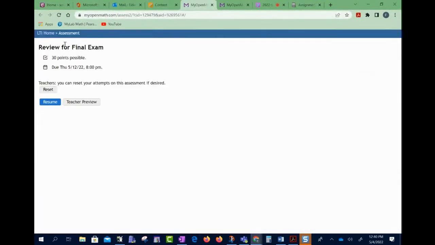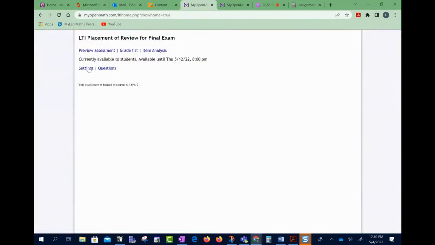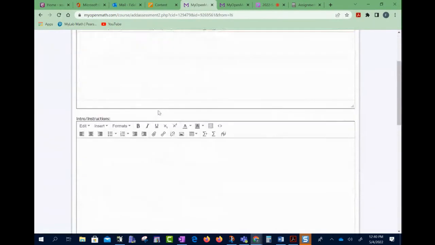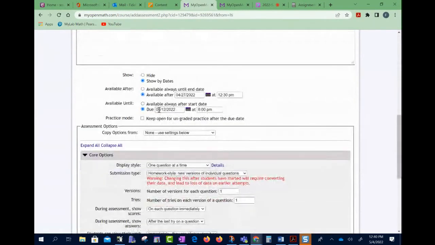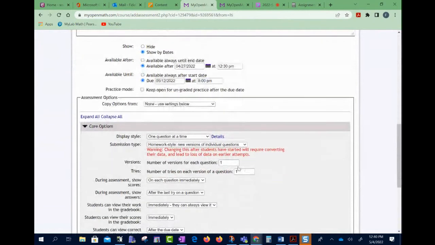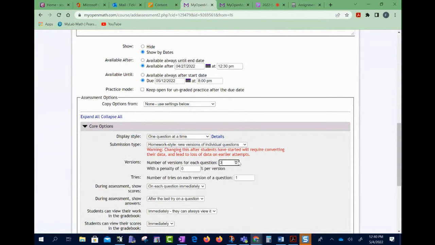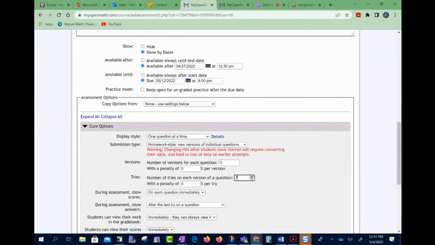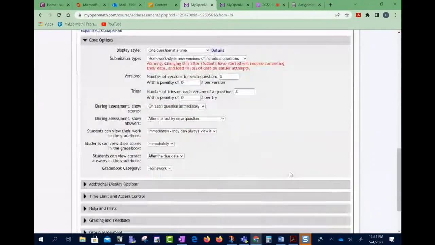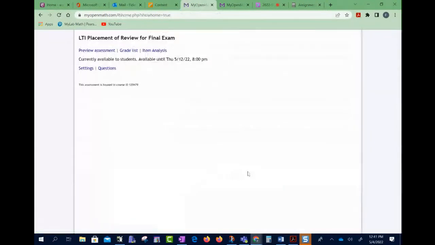Let me go to this part here. Let me go to the settings. The number of versions question, let's go like 5. Number of tries, let's go 8. Save changes. Okay. So it should be there now.